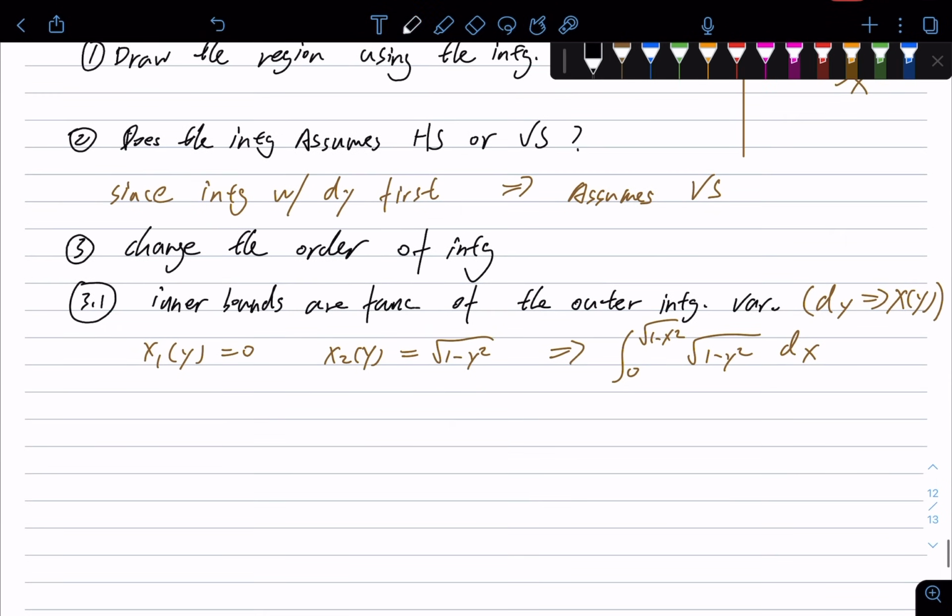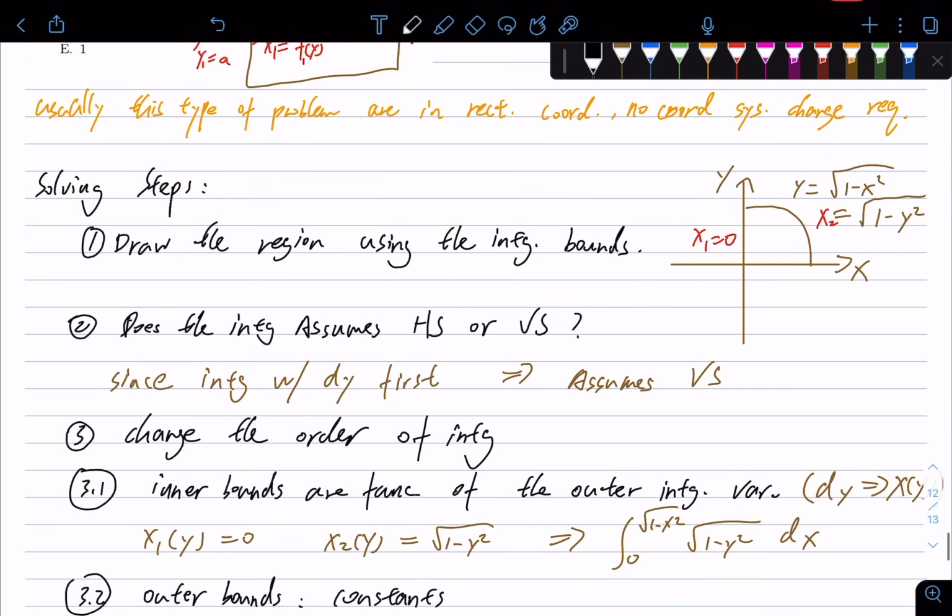All right, and then 3.2, outer bounds are always going to be constant. Let's go back to our plots here, our drawing. We integrated from left to right first. Now we're going to integrate from the bottom to the top.